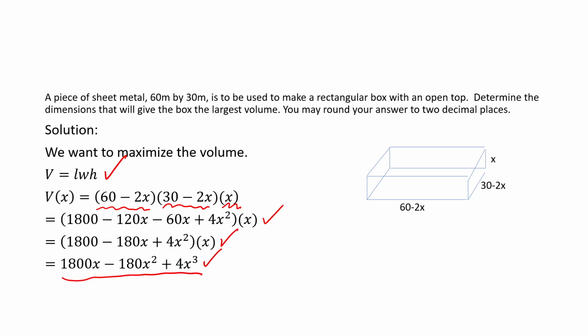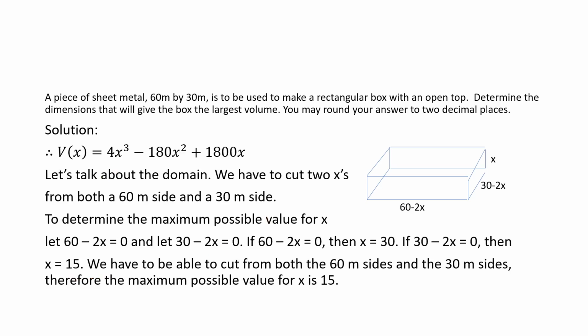Well, if we can imagine a domain for this question, we're going to be easily able to determine the maximum possible volume. Let's talk about that domain. We have to cut two x's from both a 60-meter side and a 30-meter side. To determine the maximum possible value for x, let 60 minus 2x equal 0 and let 30 minus 2x equal 0. If 60 minus 2x is 0, then x is 30. If 30 minus 2x is 0, then x is 15.